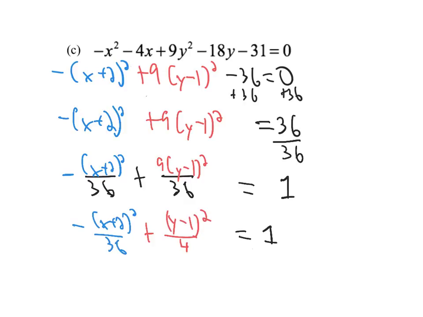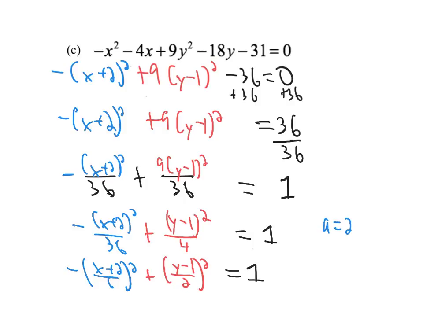We just need to recognize that our bottom terms are really a squared and b squared themselves, and we can bring those squares inside, and we end up with something like minus x plus 2 over 6 quantity squared plus y minus 1 over 2 quantity squared equals 1, which is the standard form equation for a hyperbola where a equals 2 and b equals 6, and this is a vertical hyperbola since a is associated with the y term. And there we go.